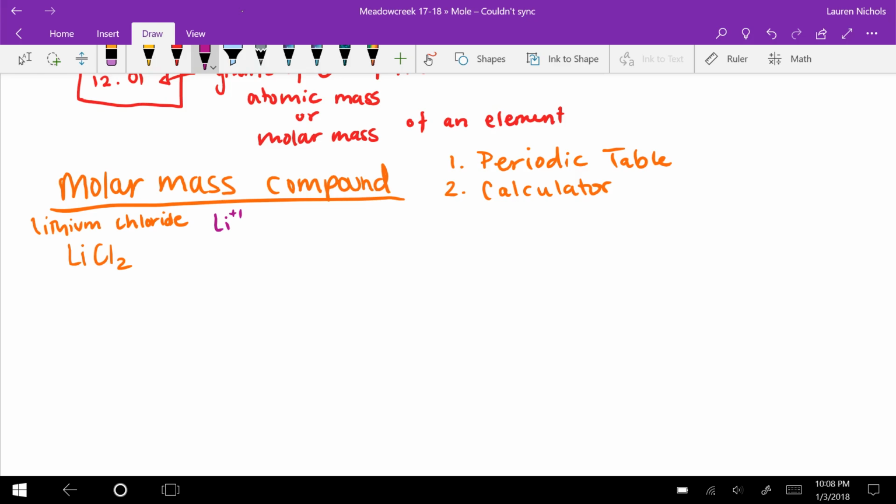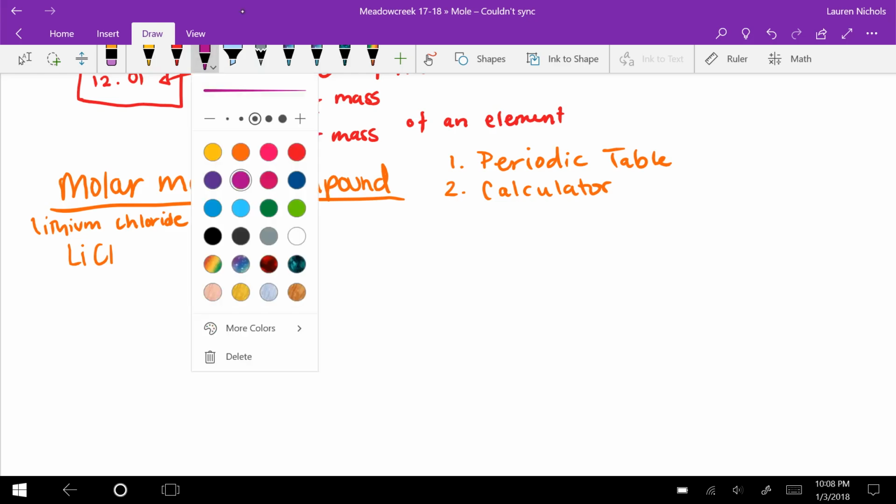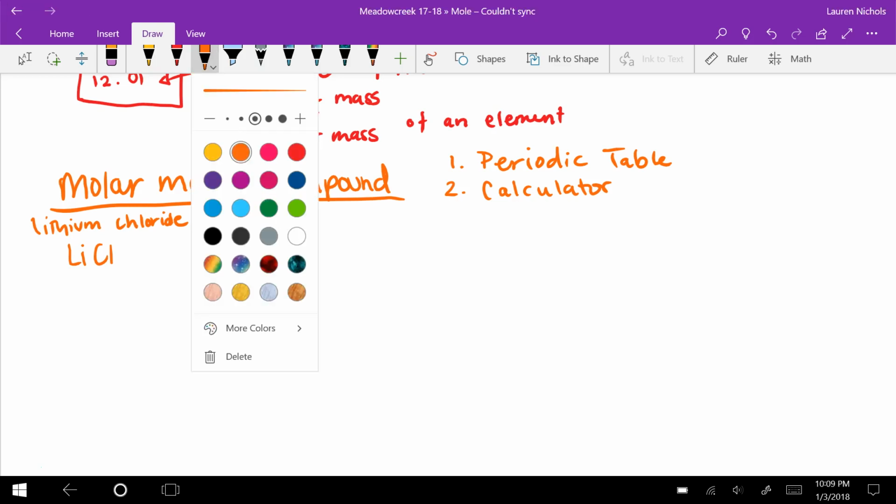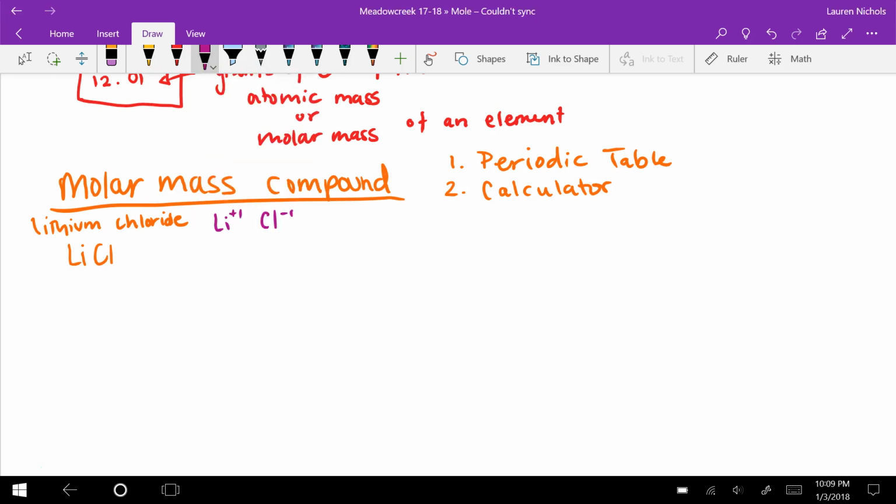And then chlorine is in column 17, so it has a -1 charge. So they don't need to cross and drop, which is why you saw me erase the 2, because I realized I made a mistake, which happens on occasion. So with lithium chloride, see that we have 1 atom of chlorine and 1 atom of lithium. That's because chemists are lazy and we don't write the subscript 1s that are really there.